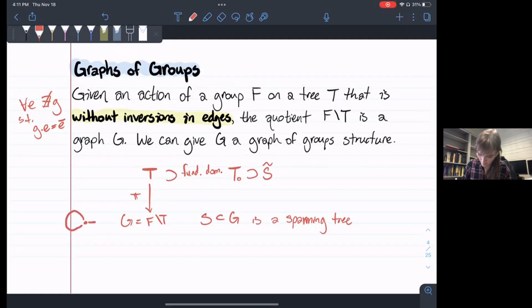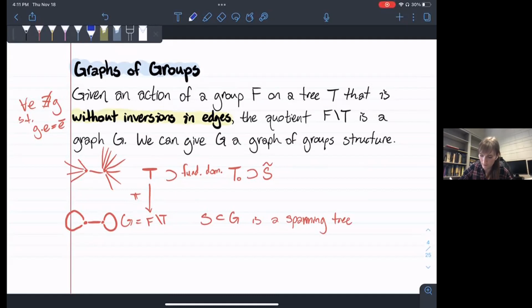So maybe my graph looks like this. And maybe my tree, who knows what it looks like? Maybe it looks like this. Maybe this is like infinite valence, who knows?